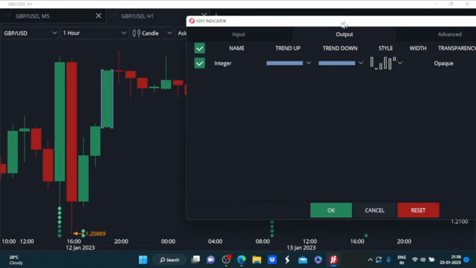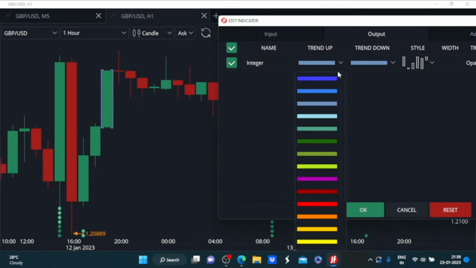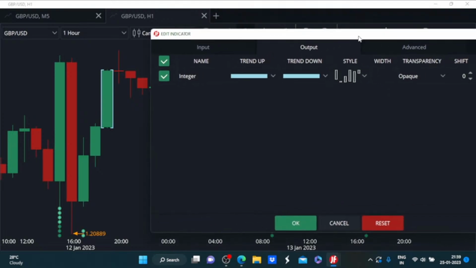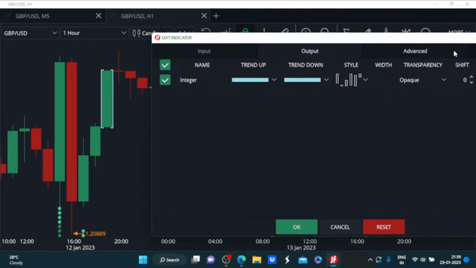And for output we can go for different color combinations. So if you want to make it brighter, you can do that. You get these two options of having this bracket in place, or you can shade the whole candle body in the choice of your color. So that is also an option. I would prefer to keep it as a bracket.